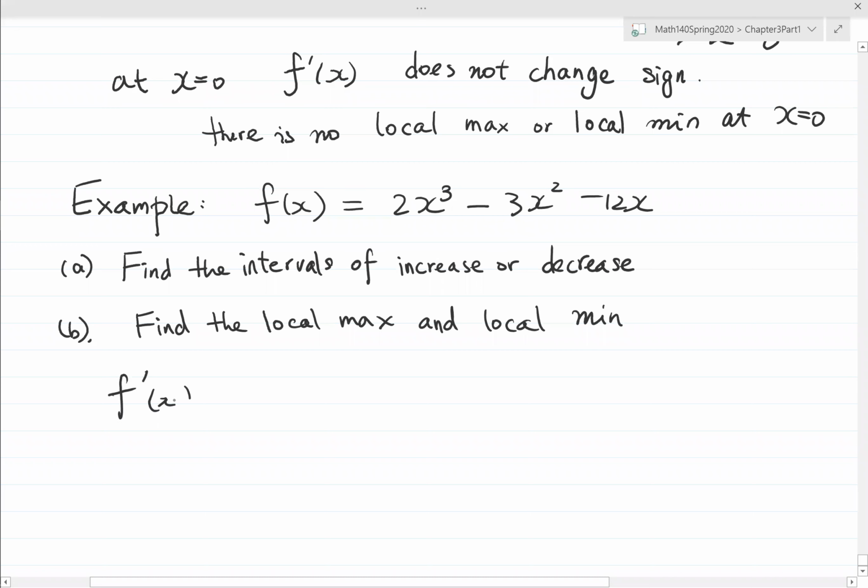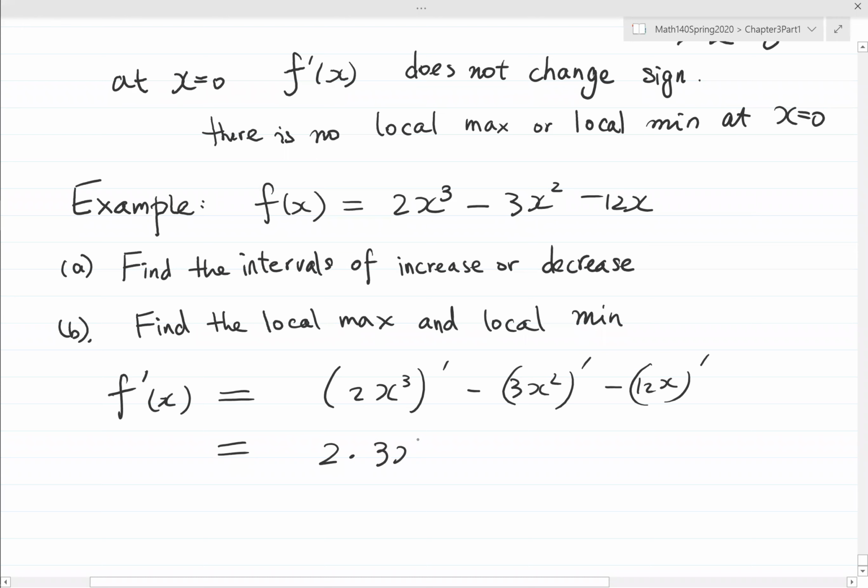So f'(x): we take the derivative of every term by the distribution property and the power rule. We get 2 times 3x squared minus 3 times 2x minus 12.